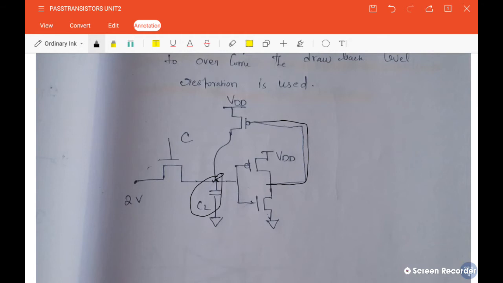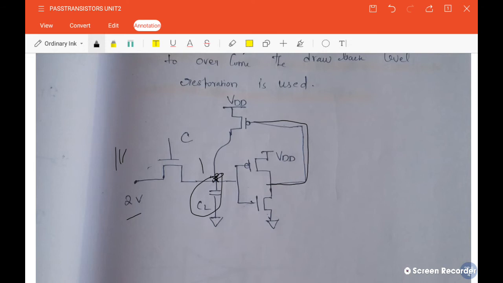We'll see now. When the NMOS gives an output signal at this node, for example 2 volt, which means a high logic, or whether it is 1 volt or 2 volt, it passes the signal to the inverter. When some high voltage level is applied to the inverter, we know what the inverter will do.